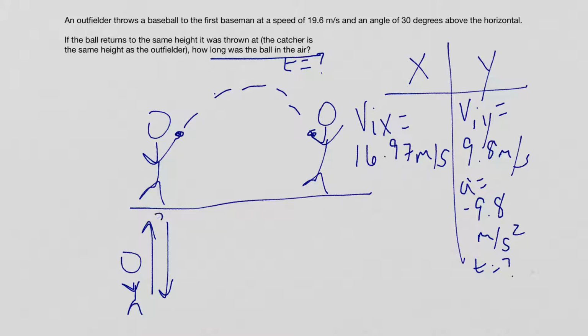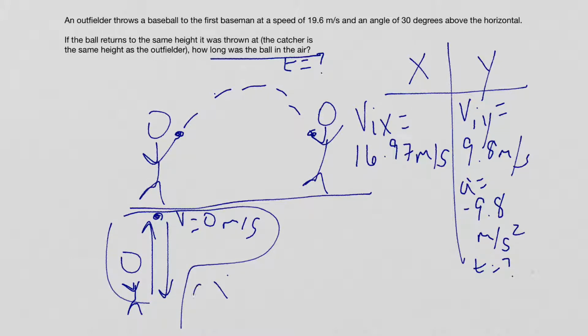And at this point right here, the velocity was 0 meters per second. Now, in this case right here, there isn't a distance in the x direction because we're only dealing with the vertical component. But the distance in the y direction is like that. So we can take this and apply it to the y component here.